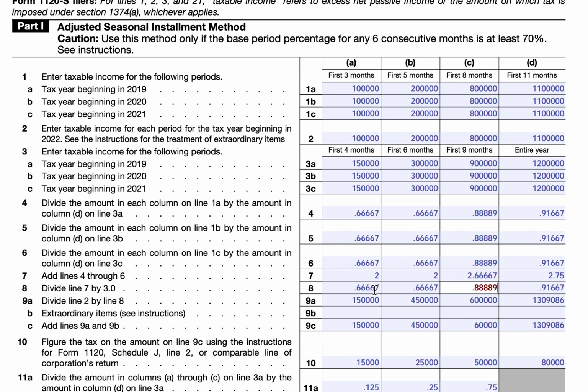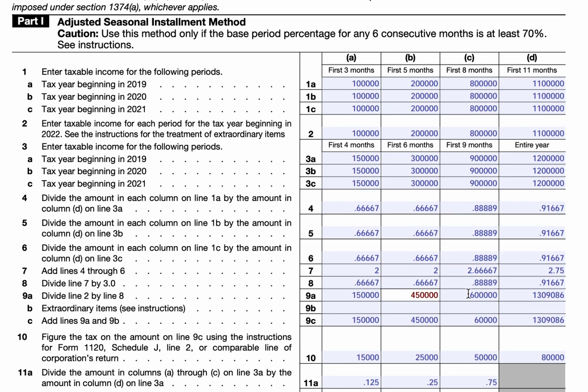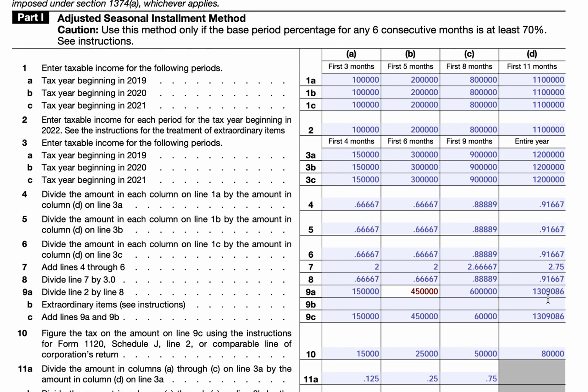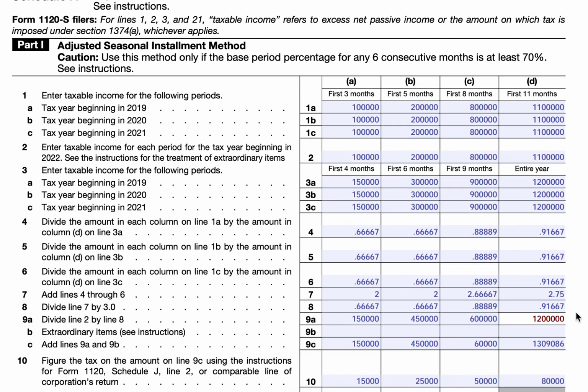We're going to divide that by line 8, annualized, that's right here, 150,000, 450,000, 600,000, and then here we've got, let me make sure that that is not a typo. Okay, that is a typo. It really should be 1.2 million.